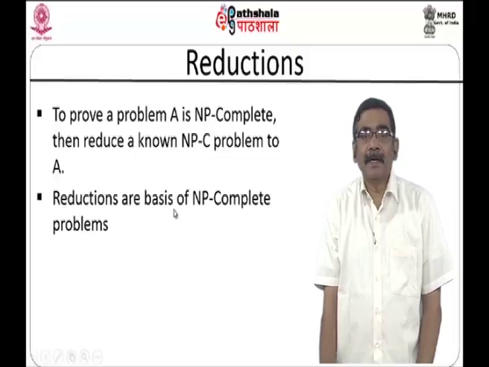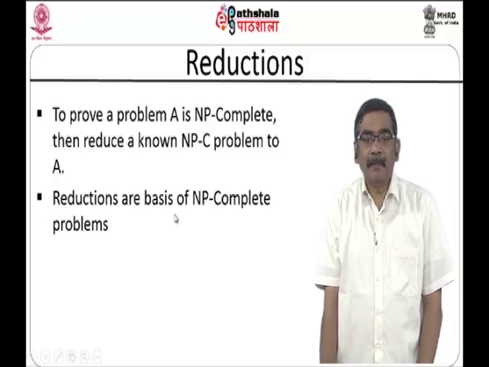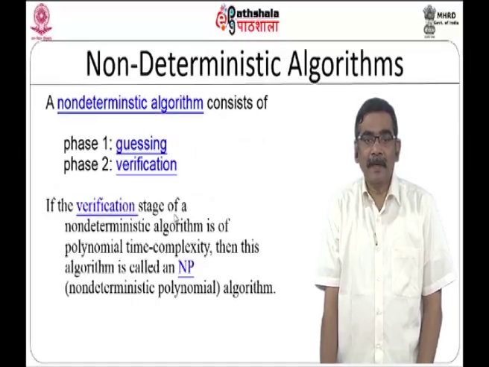In other words, reduction forms the basis of NP complete problems. This is the second pillar. The first pillar is, as we said earlier, that the algorithm must be checked in polynomial time, and the second pillar is the reductions. Reduction forms the basis of all the things.